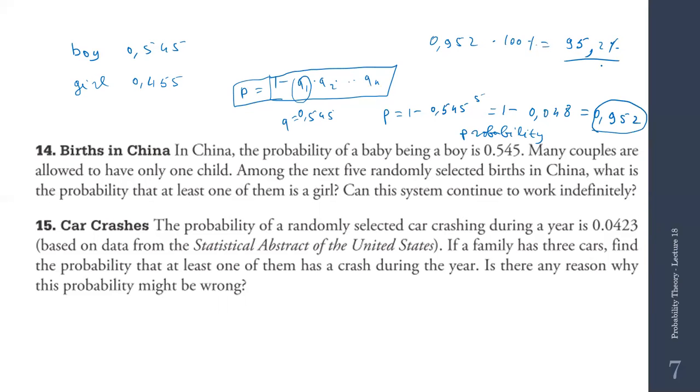Next question says, the probability of a randomly selected car crashing during a year is 0.0423. If a family has 3 cars, find the probability that at least one of them has a crash during the year. Is there any reason why this probability might be wrong?